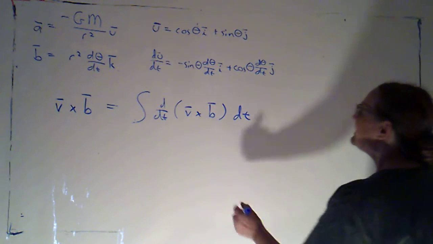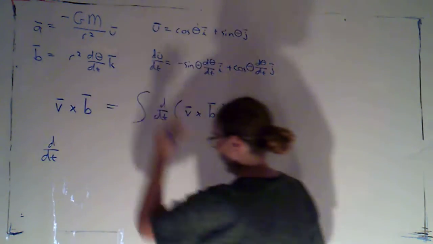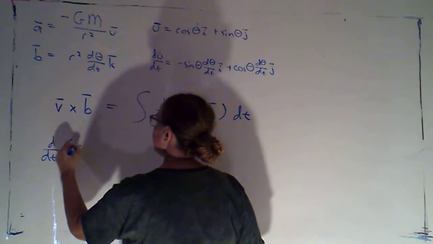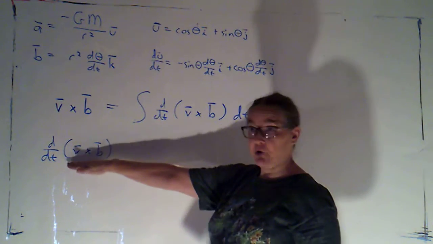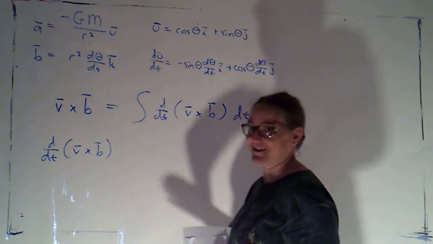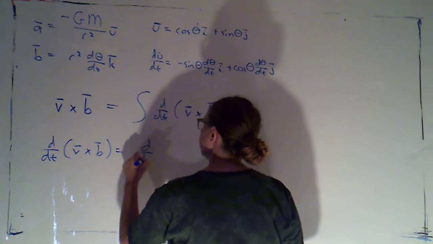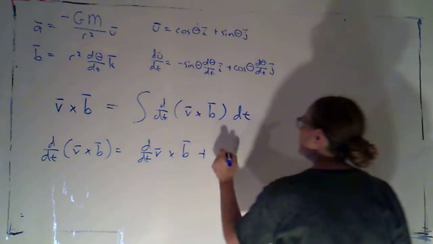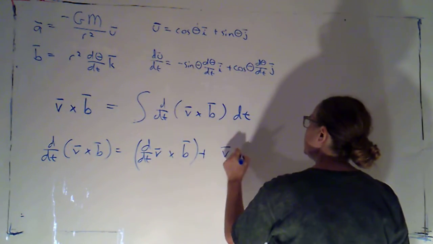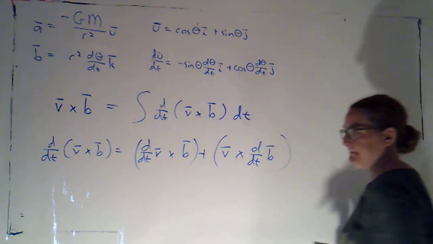All right, now, if I were to calculate just this derivative first, and then we'll integrate it. So the derivative of v crossed with b, I can use the product rule for the cross product when I'm taking the derivative. And so I'm going to get the derivative of v crossed with b plus v crossed with the derivative of b.